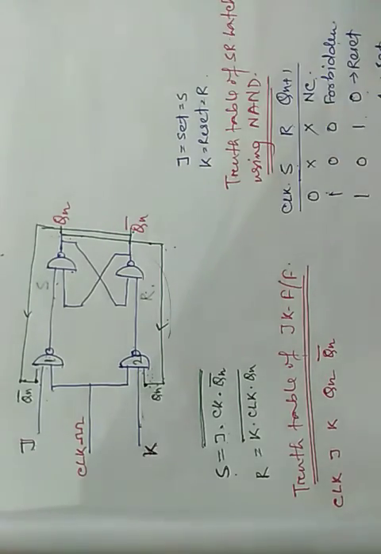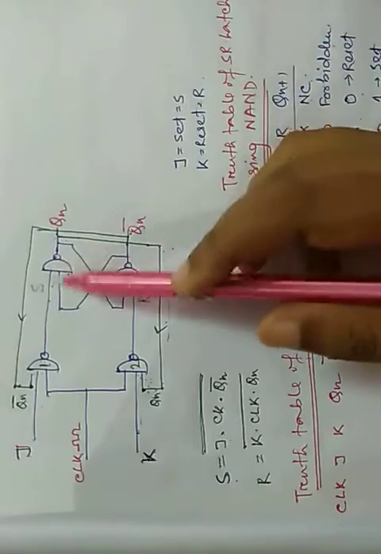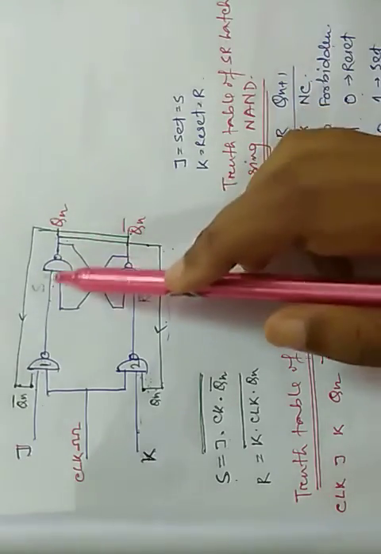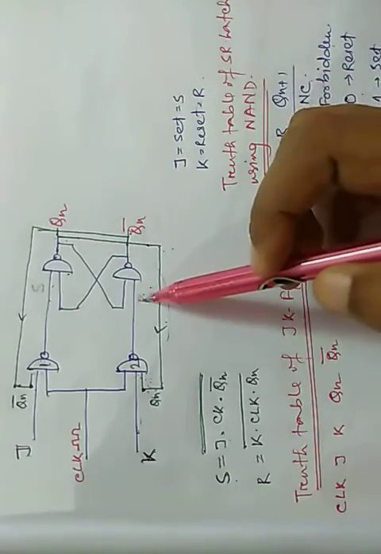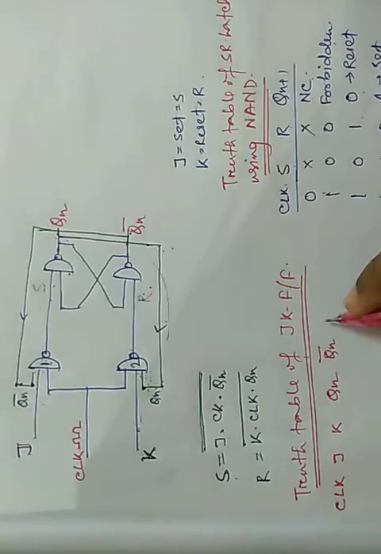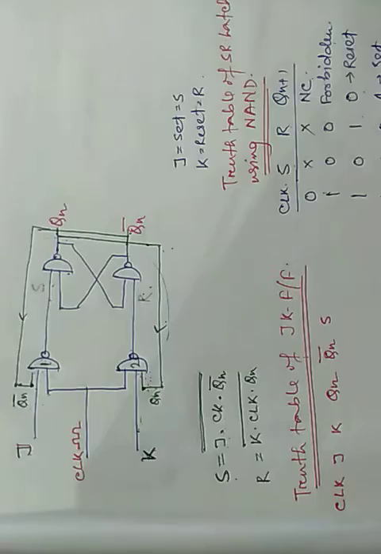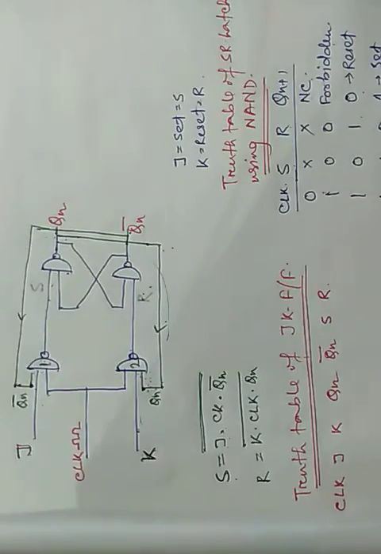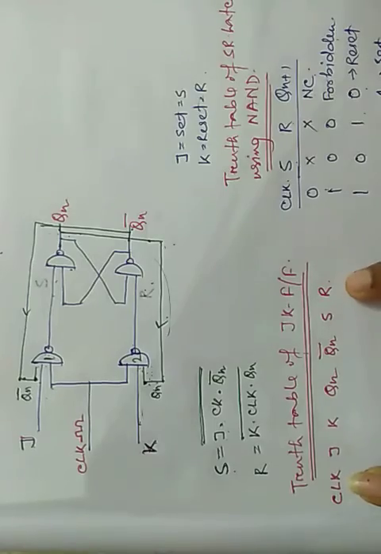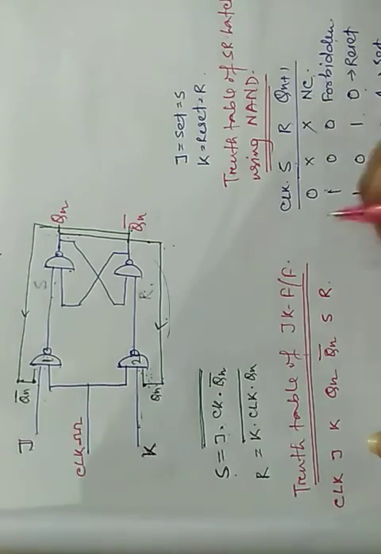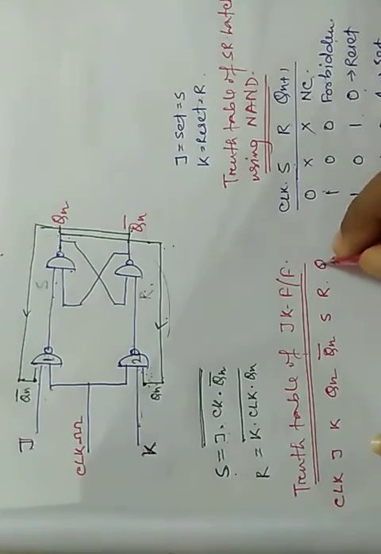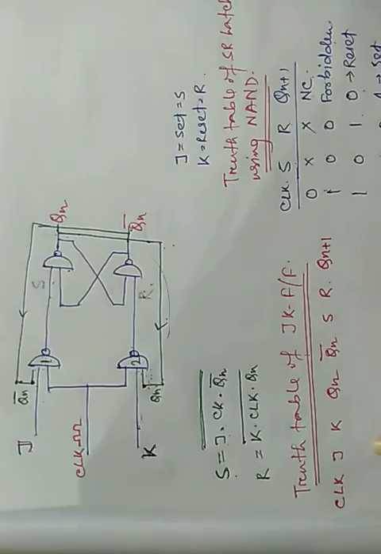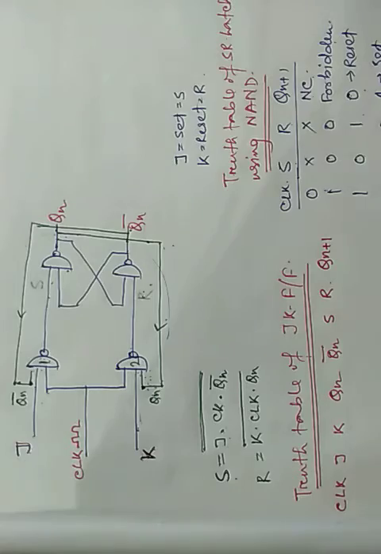Okay, but the ultimate final value of the JK flip-flop comes from this SR latch, so we must need S and R. All these things have to be considered in order to get the final output Qn plus 1. Clear? Now let us draw the truth table.